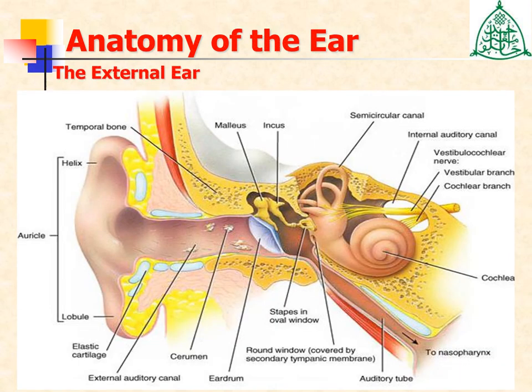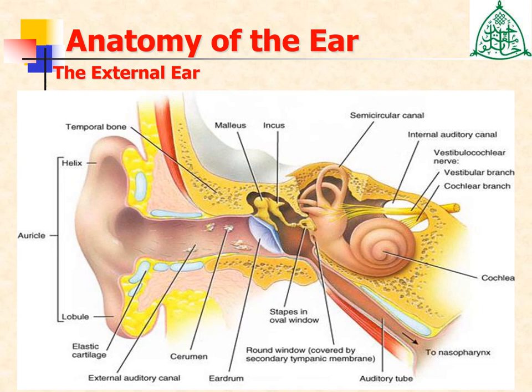Now, looking at this diagram, we can picture that the outer ear consists of the auricle, and the auricle has two major parts: the helix and the lobule. We learned that the auricle mainly collects sound waves and directs them to the external acoustic meatus.